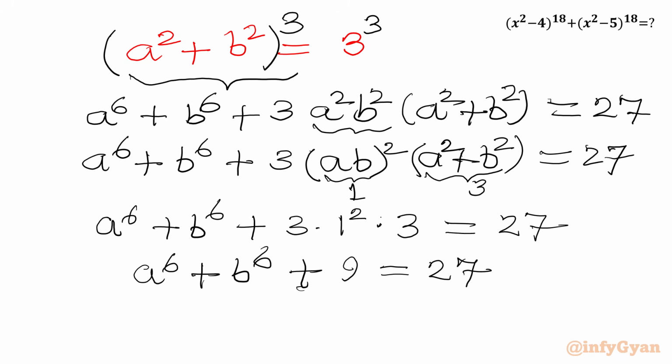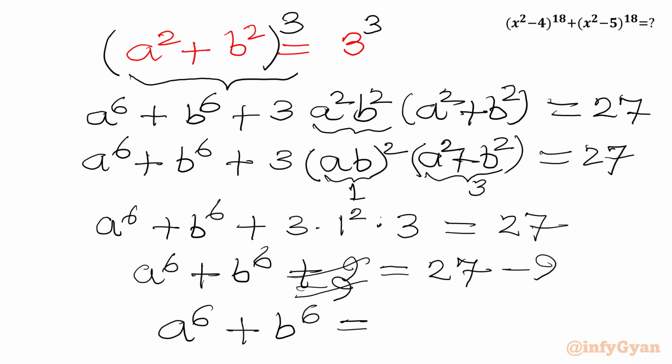Now we have to subtract 9 from both the sides. Plus 9 and minus 9 will get over from LHS, and we will get a power 6 plus b power 6. 27 minus 9 is 18.